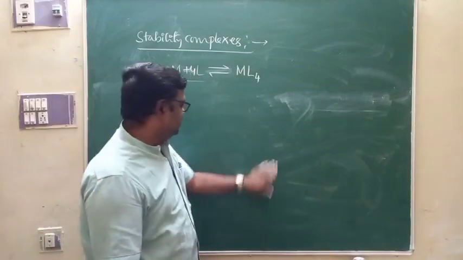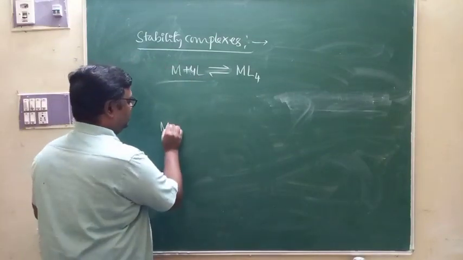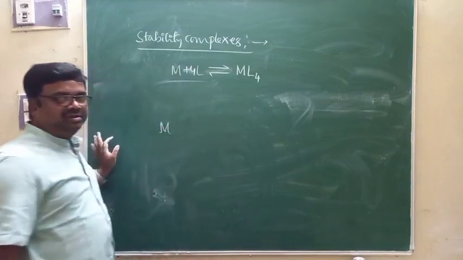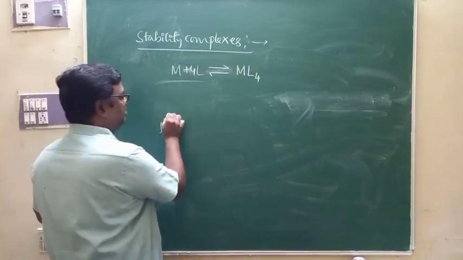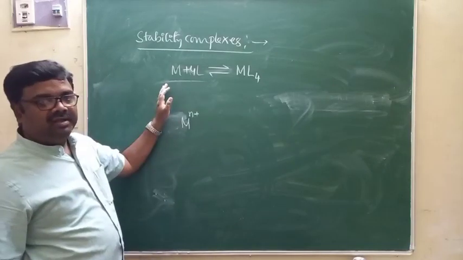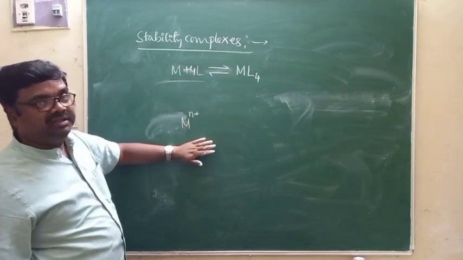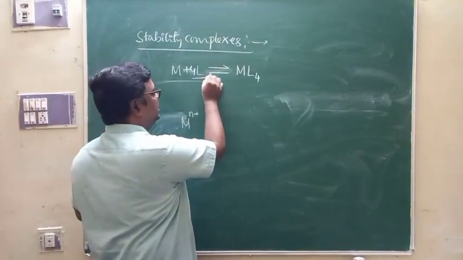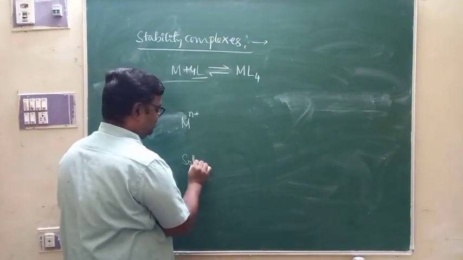And as far as solution is concerned, solution is characterized by solvent molecules. This particular metal ion in solution is interacting not only with ligands but also with solvent molecules.